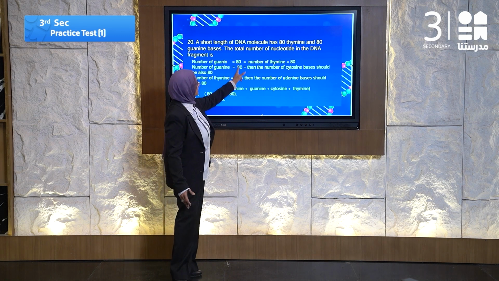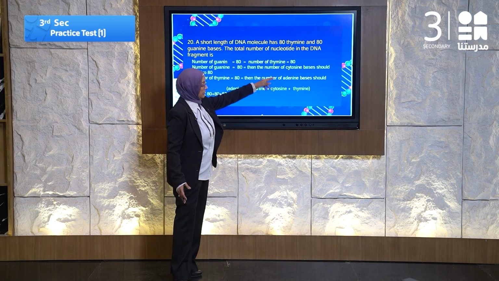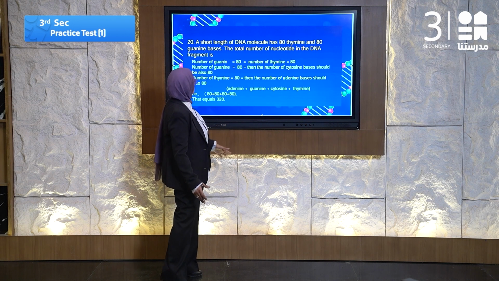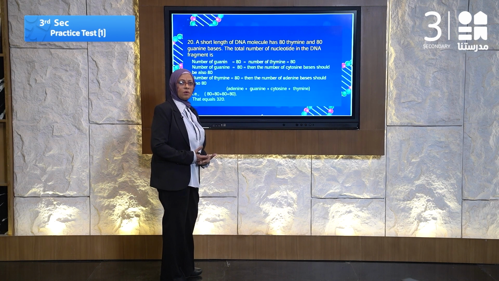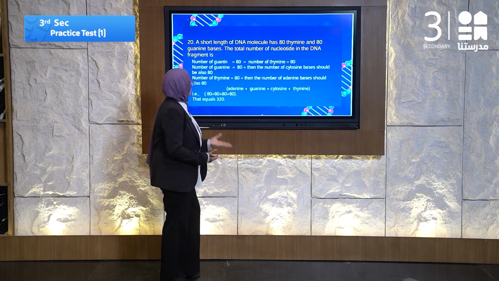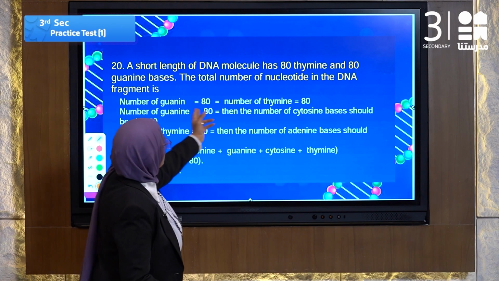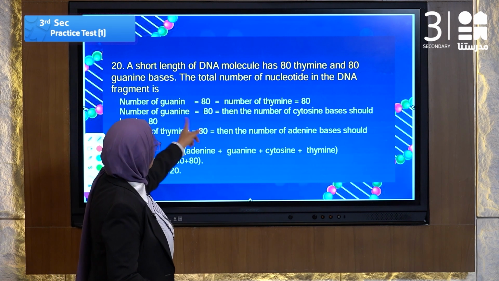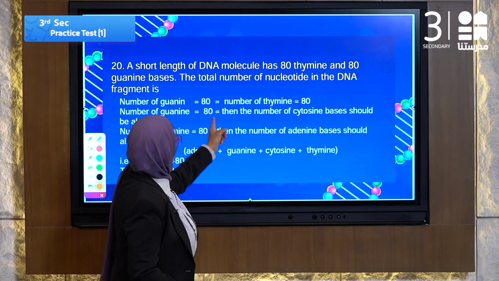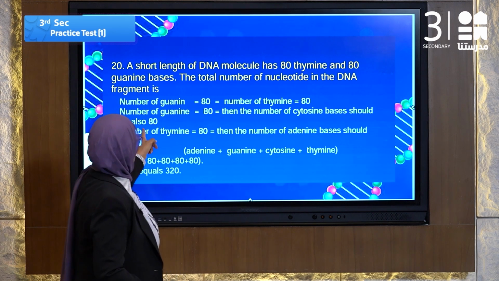Number of guanine 18, number of thymine 18. Are they different or similar? Guanine must be equal to cytosine. G and C are equal in number, 80 and 80.